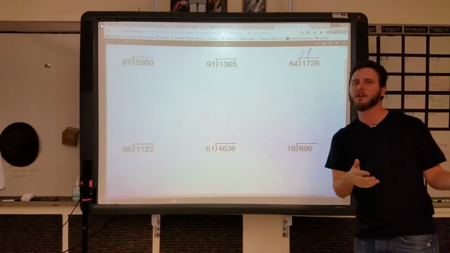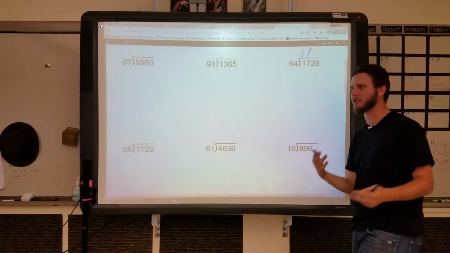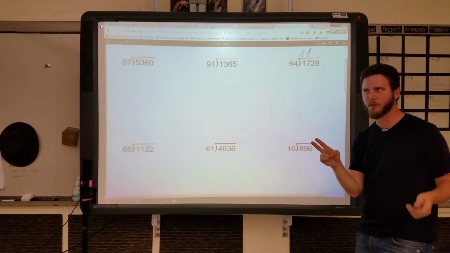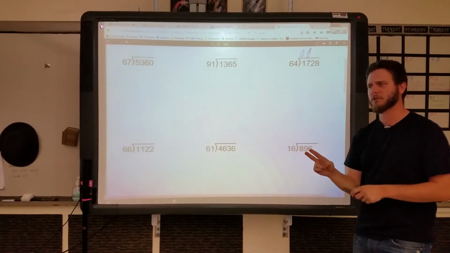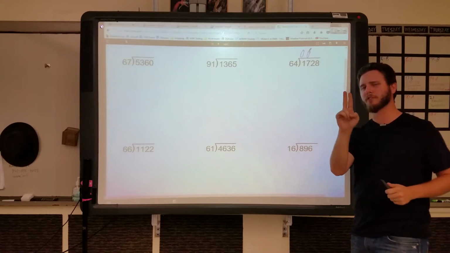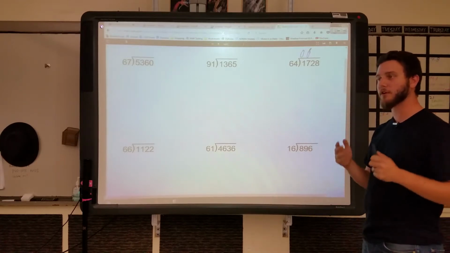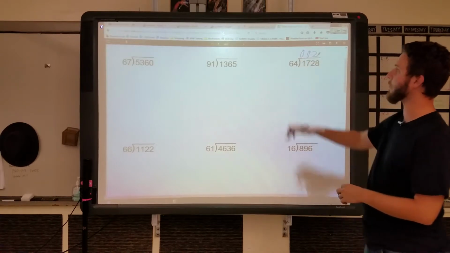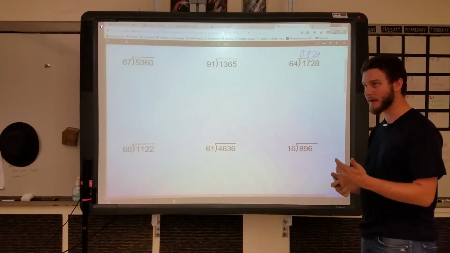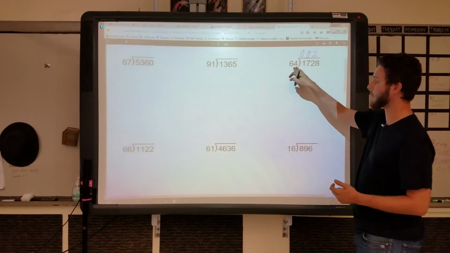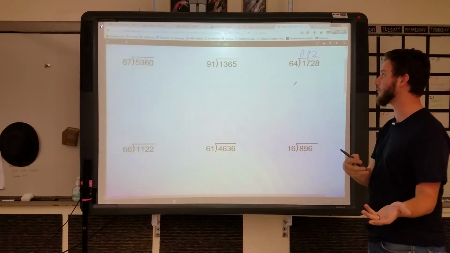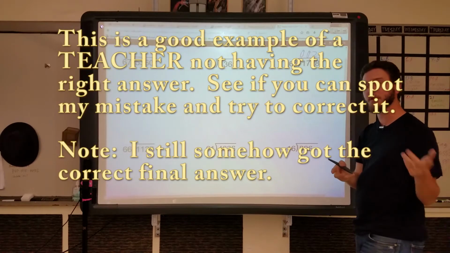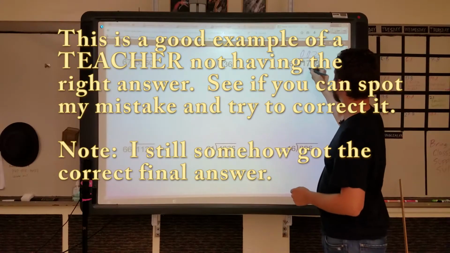I know that 60 will make it to 120, and that is 60 times 2, but 60 times 3 would be 180. So for right now, I'm going to go with the assumption that I can probably only fit 2 times. 2 times 64, if I do the math really quick, I know that 2 times 4 is going to give me 8, and 2 times 6 is going to give me 12, meaning my answer should be 128.